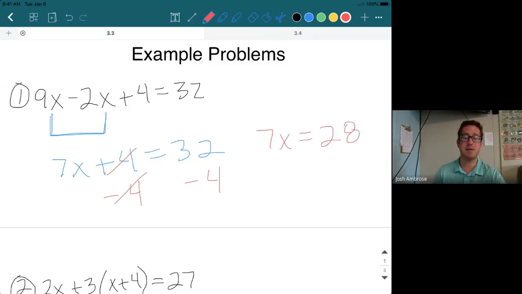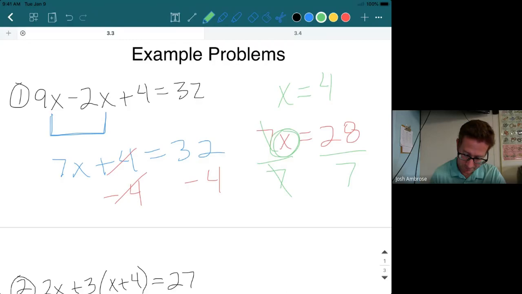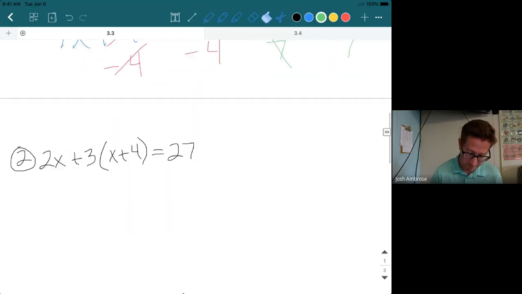Then the final step, to isolate the variable, you will be dividing both sides by 7. Dividing by that 7 will isolate the variable, so x is now by itself, and you just have 28 divided by 7, giving you 4. That covers the first style that you will have on your homework.